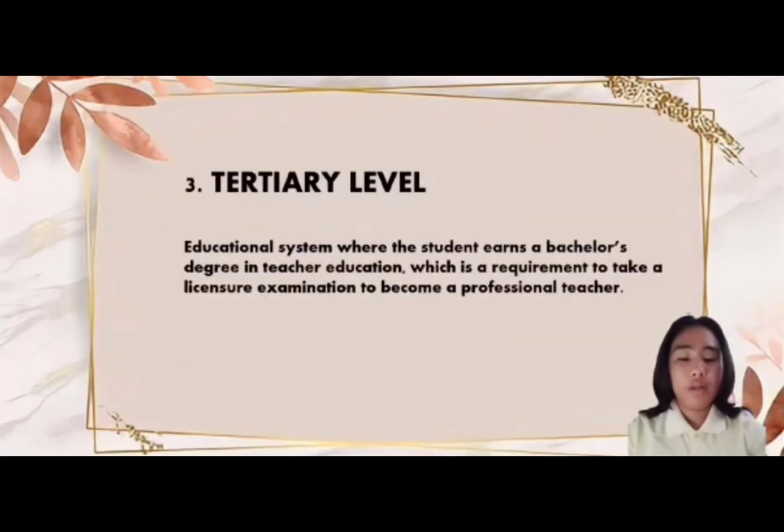Number 3, tertiary level is the college level which is beyond the basic education in all countries in the ASEAN. It is the ladder education system where the student earns a bachelor degree in teacher education, which is a requirement to take a licensure examination to become a professional teacher.